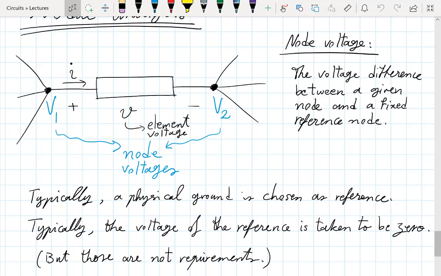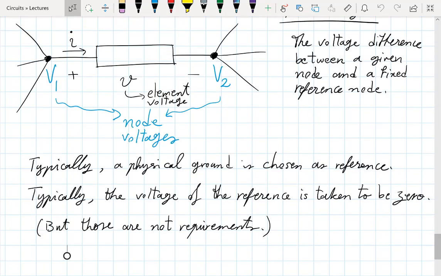Once you have these node voltages, there is a relationship between the node voltages and the element voltages. Looking at the example up there, what is the relationship between lowercase v and the capital V1 and V2, the node voltages? It's a difference. Which way? V1 minus V2. The reason is, the way I have defined the polarity of v, if the left-hand side is at a higher potential, v has to be a positive number. So if V1 is a higher number than V2, then v should be positive.